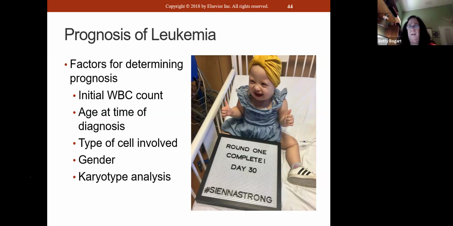And then it's the type of cell. There's ALL and AML, so there's lymphocytes and monocytes. ALL is easier to cure than AML. Boys and girls: girls are easier than boys, believe it or not. And then, what's a karyotype?